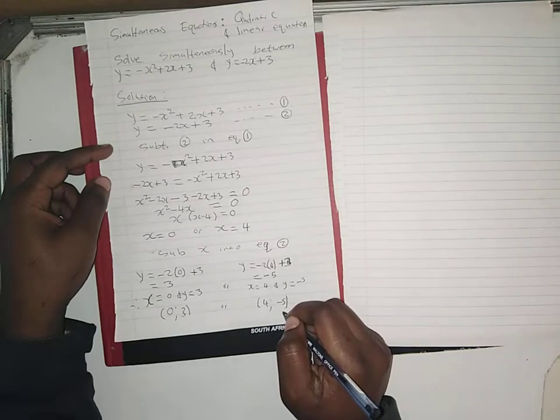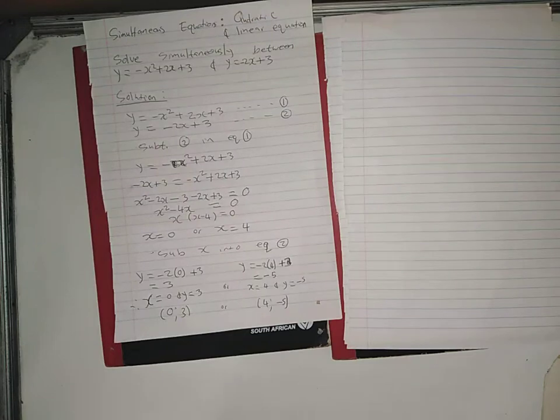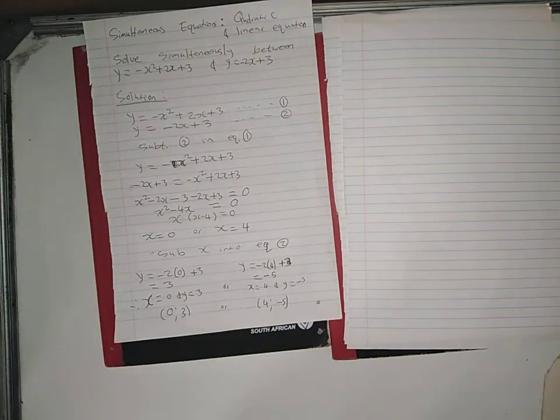Okay, so when you solve simultaneously, you get this point. You don't necessarily need to express them in both ways. One is enough. Okay, one is more than enough. So ladies and gentlemen, this is how you solve for x and y.